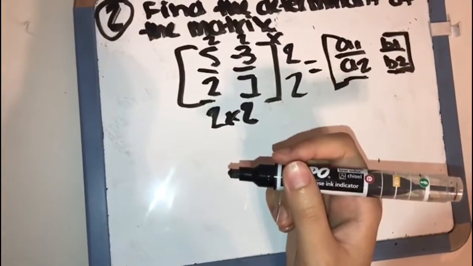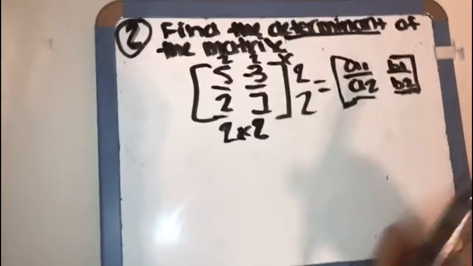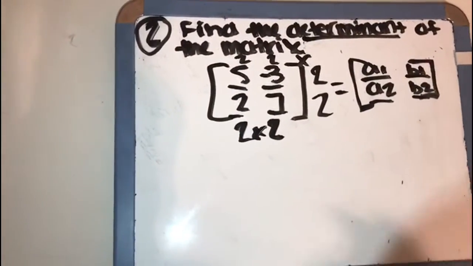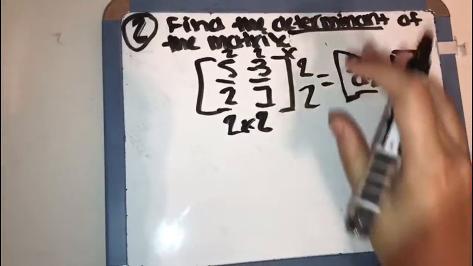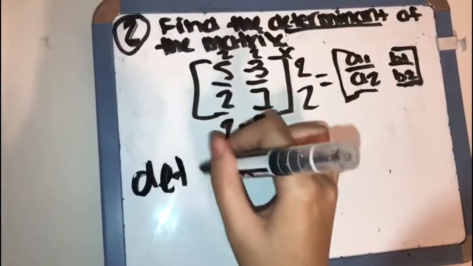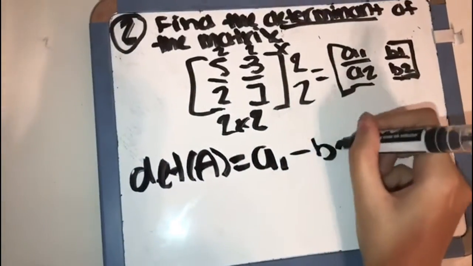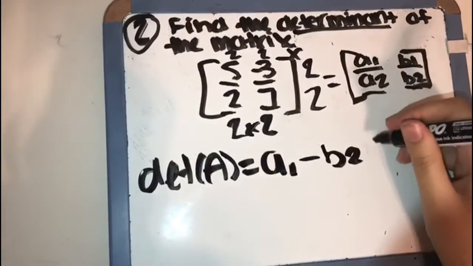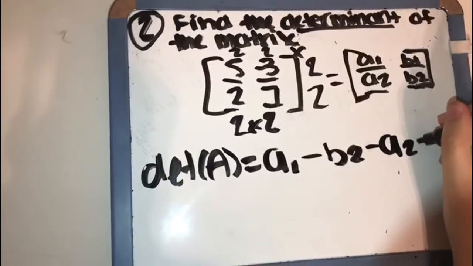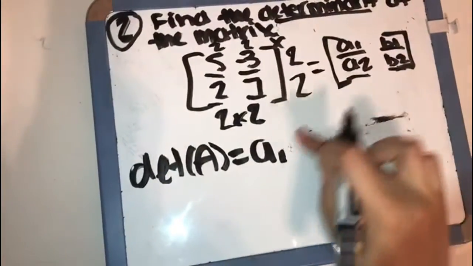Now, to find the determinant. The question is asking for the determinant, not to solve the matrix, not to mess with it, but just to find the determinant. That's all. The formula for the determinant, as I talked about before, is A1 and B2 minus A2 and B1. Sorry, I don't know why I put minus over there at first.